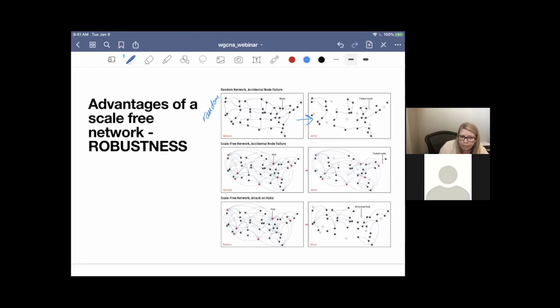Whereas in a scale-free network, if we randomly have any node failures, it's usually pretty easy to reroute our flights, right? So even if some of the nodes fail in this network, we can still get from the West Coast to the East Coast fairly easy. And the only way that we can really bring down a scale-free network is if we start attacking those hubs.